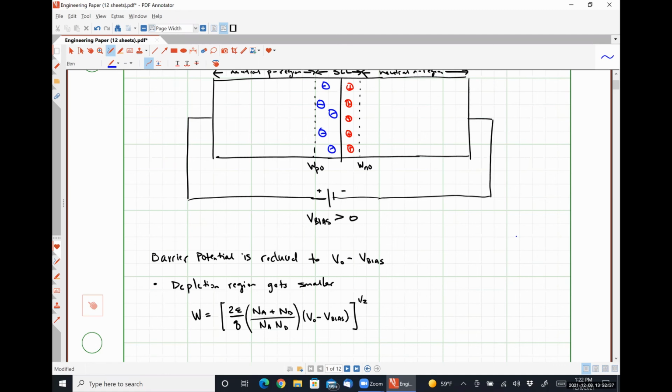Half a volt is how much larger than thermal voltage? So let's call the thermal voltage 25 millivolts. That's 20 times as much. What's e to the 20? Okay, calculator.